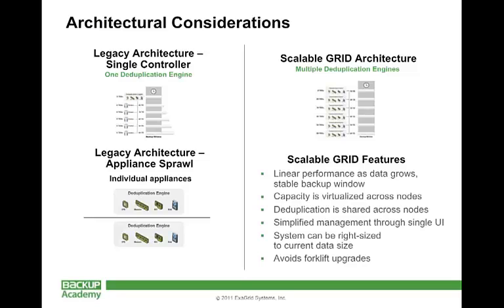Many of the appliances in the industry, though they're sold to and marketed to customers that have backup and recovery challenges, actually have more primary storage-like architectures. And what I mean by a primary storage-like architecture is one that typically has a single controller, which is a single server that has all of the processing power for the entire system.